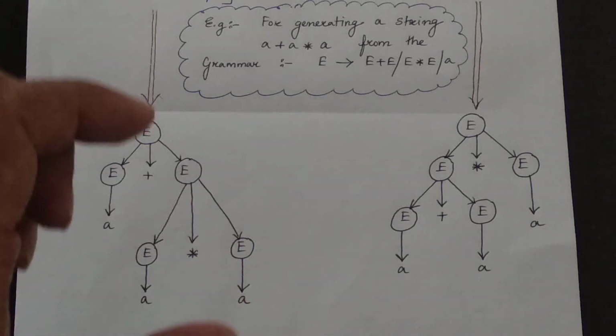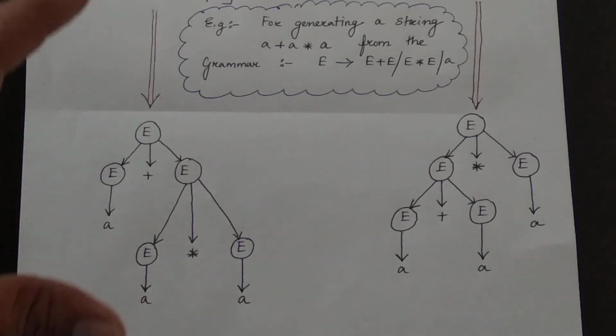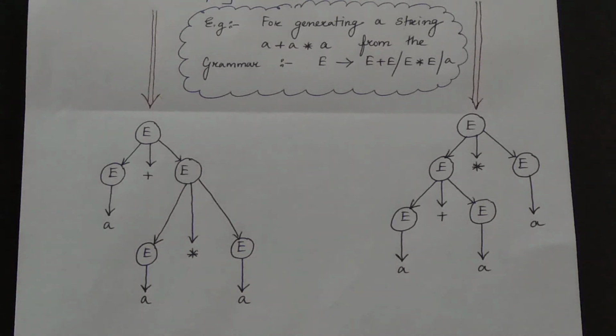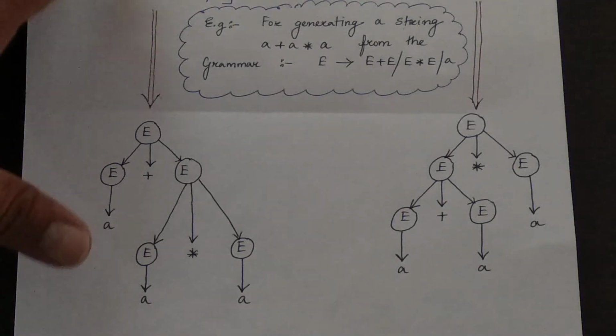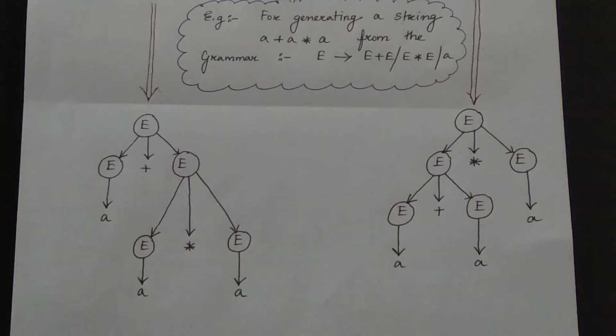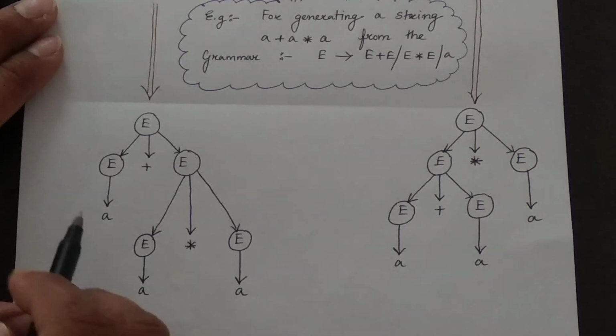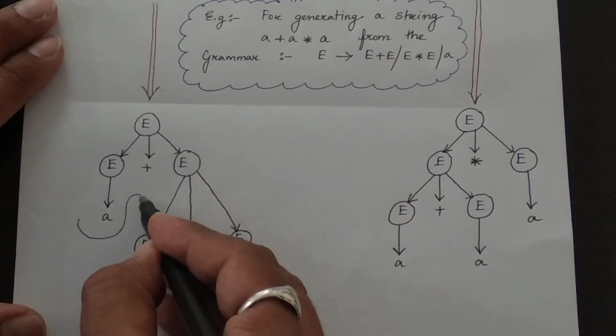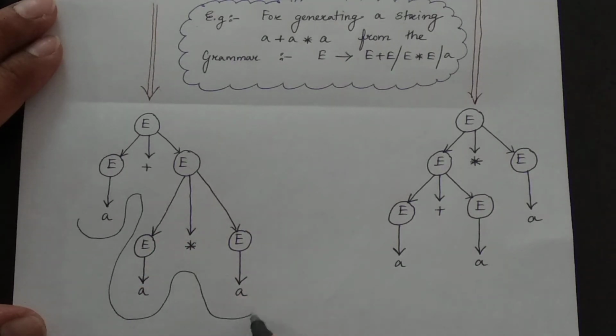These kinds of productions you can mention once you have drawn the parse tree. This is one way of writing in your examination. And this is the string that you have finally received, which is nothing but a plus a asterisk a.